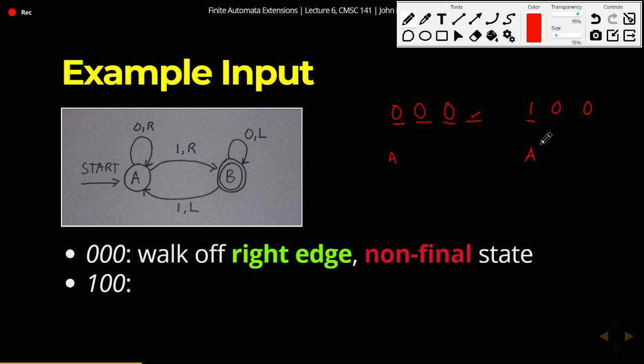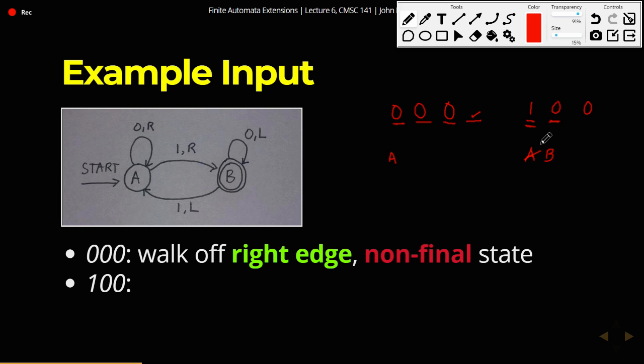So we are now in state B, and we move to the right. So we're currently here now, so 0. Now B on 0 will stay in B, but we move to the left. So from here, we go back to 1. Okay, so we're currently back at 1 again, and we're still at B.